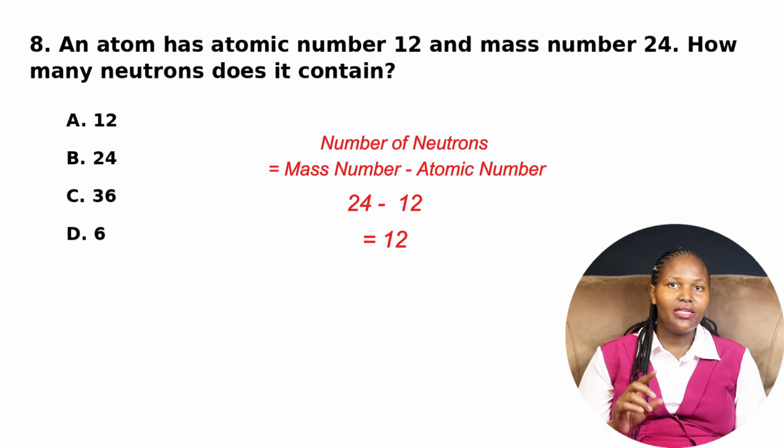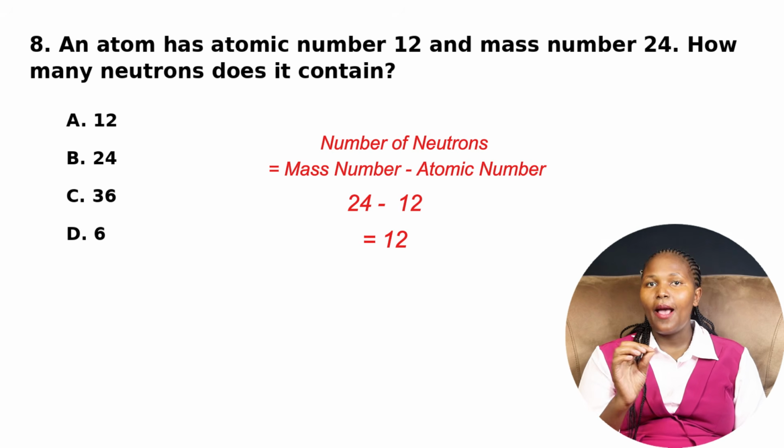If you are given the neutrons and the mass number, you will take the mass number minus the neutrons to get the atomic number. So it is also a very easy question for us to do. If they twist it in any way, just remember the formula, apply it, and you're going to get it correct.